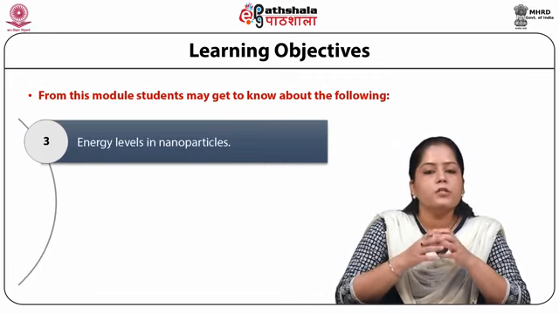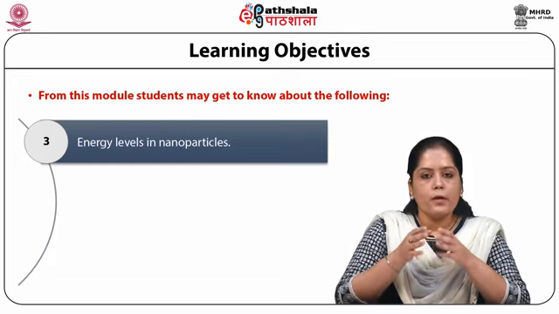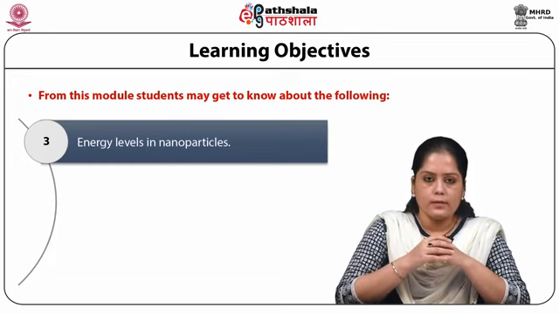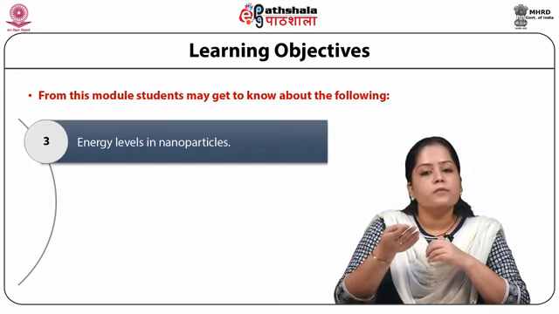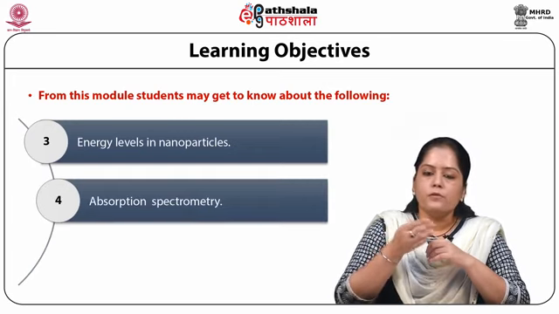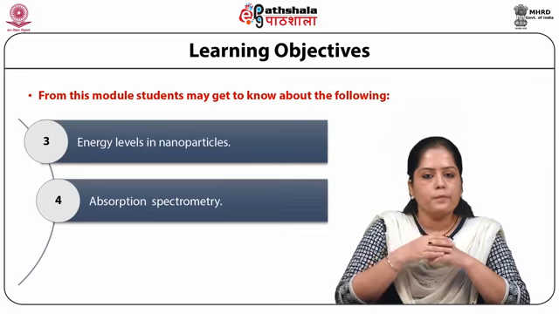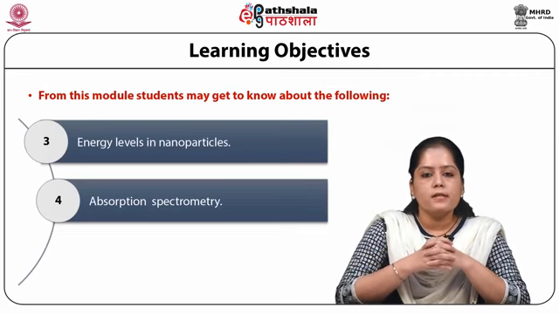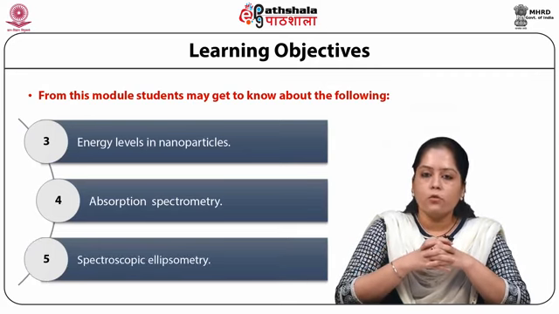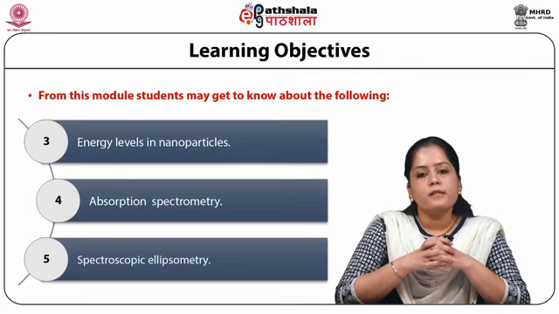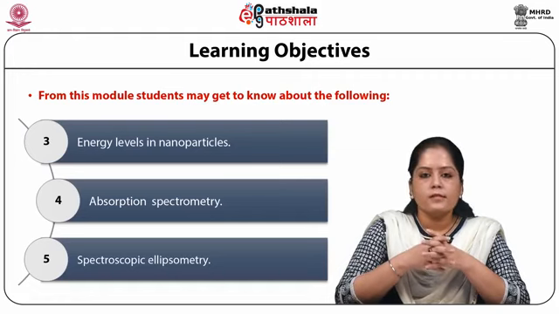Third, the energy levels in nanoparticles will be discussed. Next, we will discuss absorption spectrometry. Then we will discuss some spectroscopic techniques: ellipsometry, fluorescence, phosphorescence, etc. So students, let us start with a basic introduction about the module.